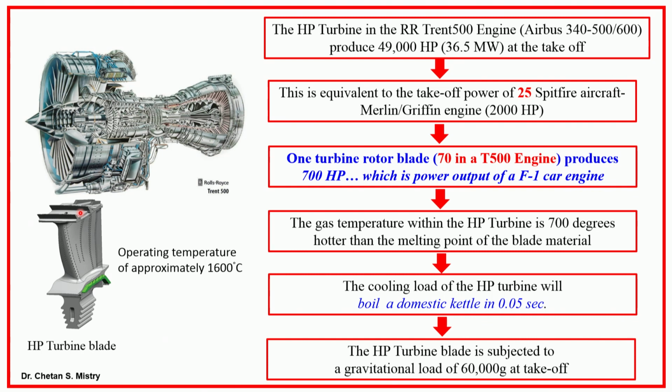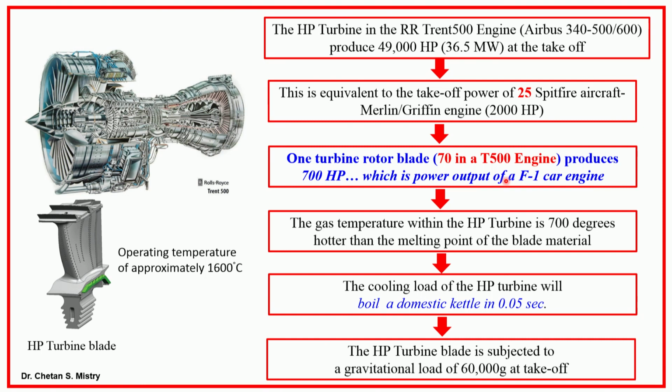That is equivalent to 25 Spitfire aircraft or Griffon engines, each having say 2000 HP power. There are 70 blades placed in my HP. So each blade generates 700 HP power, which is equivalent to one F1 car engine. You can understand what thermal load we are talking of.